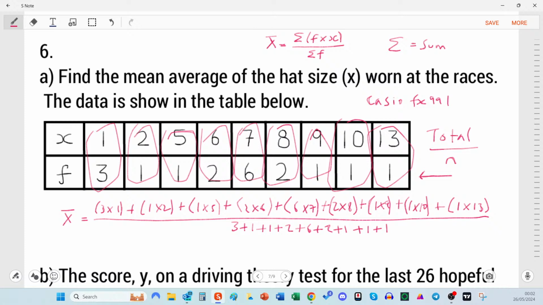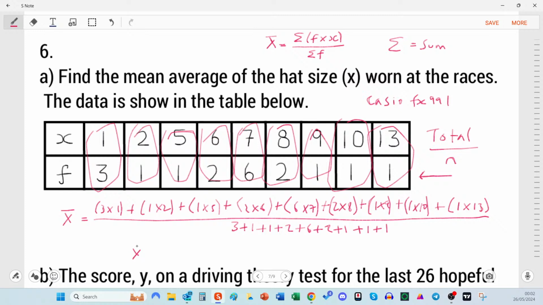Now all we have to do is put that in a calculator. So I'm going to go ahead and do that semi in my head as well. So 3 plus 2 plus 5 plus 12 plus 42, because I know my times tables, and hopefully I'm not under enough pressure to get them wrong. So it actually becomes a much quicker process than we think.